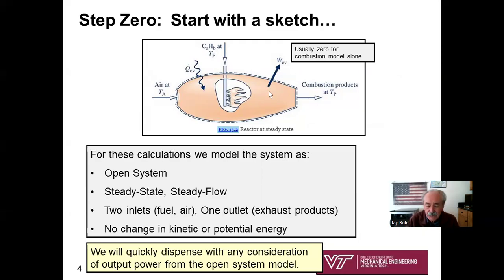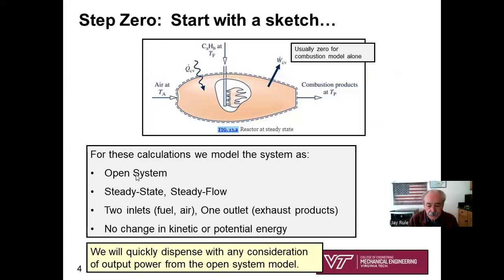So W dot is zero, and that's going to simplify our first law. Our objective is to utilize the first law to determine what Q dot is for this reacting system, combining hydrocarbon fuel with air, getting combustion and releasing heat.